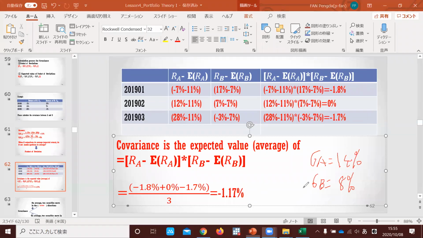Then the correlation rho equals the covariance divided by sigma A times sigma B. So this is minus 1.17% divided by 14% times 8%. It's approximately minus 0.999, approximately -1. So this means A and B are almost perfectly correlated with each other.